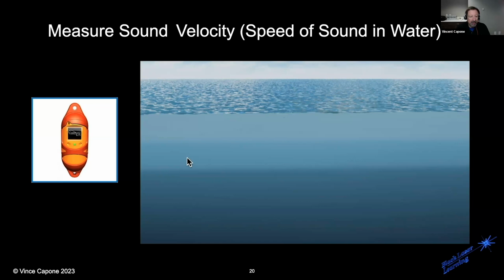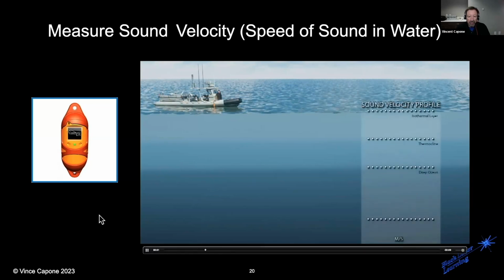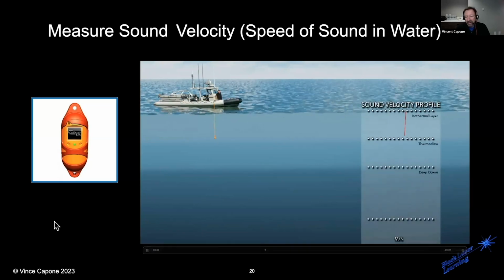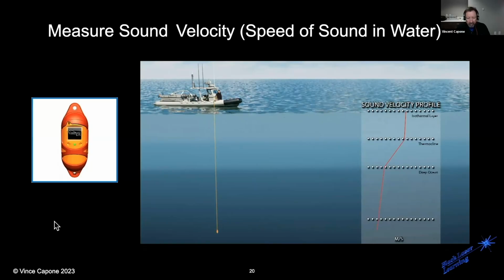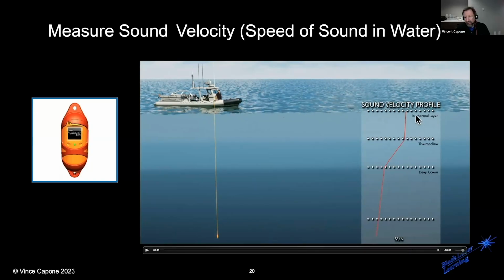And on the way down and the way up, it will take a reading, and you could see we develop a sound velocity profile, knowing exactly where the sound changes abruptly or if it just changes in general. And that data is then fed into our software, and we use that to make those corrections.